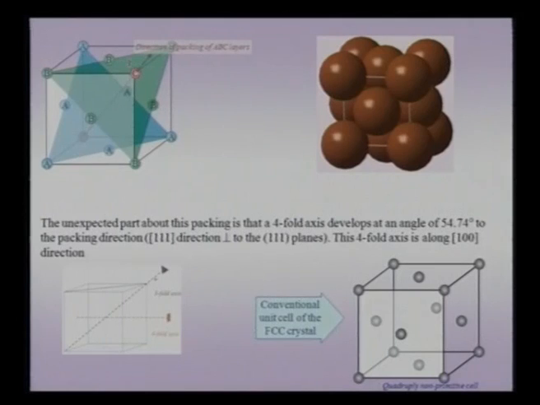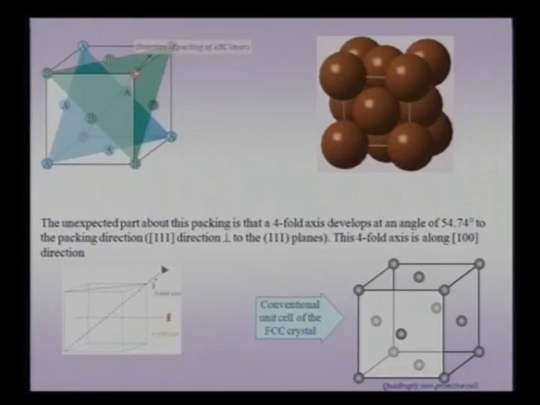In fact, you can also visualize this symmetry not as a mere simple rotation that is 3-fold, but in terms of a roto-inversion, it is actually a 3-bar axis. So this axis actually is a 3-bar axis, and if you want to look at a simple rotational axis, it is a 3-fold axis. Now so far it is easy to understand because 3-fold is a subgroup of the 6-fold symmetry, and therefore that is what survives during this packing.